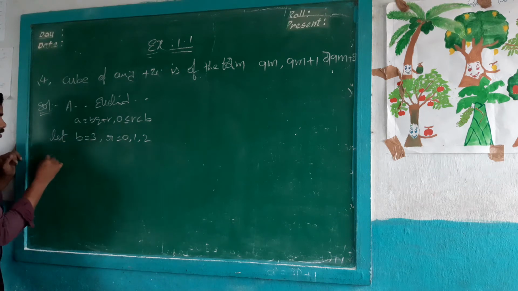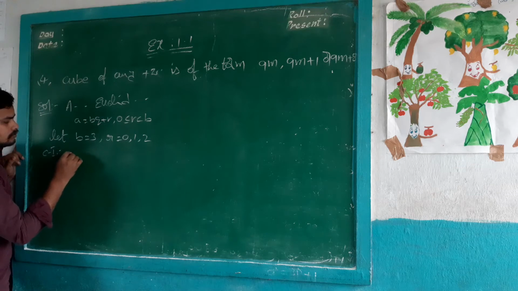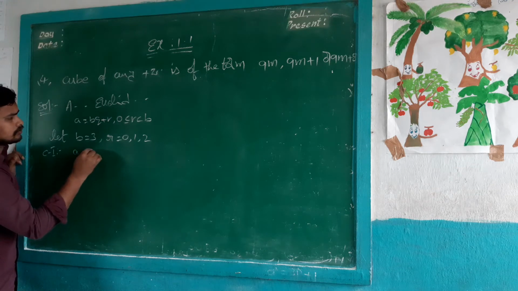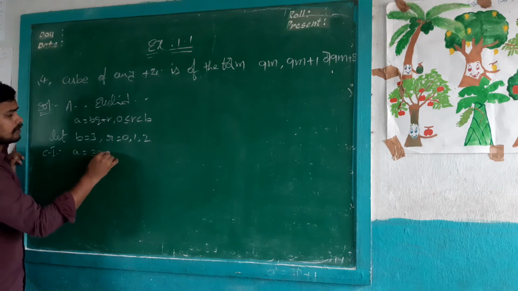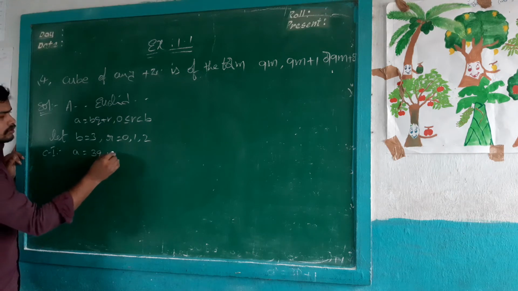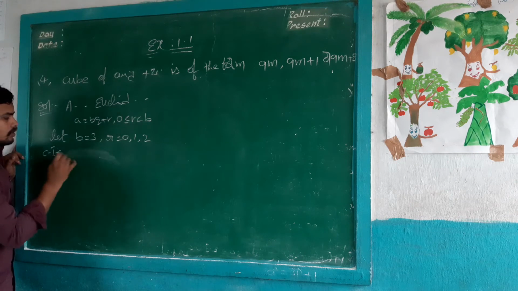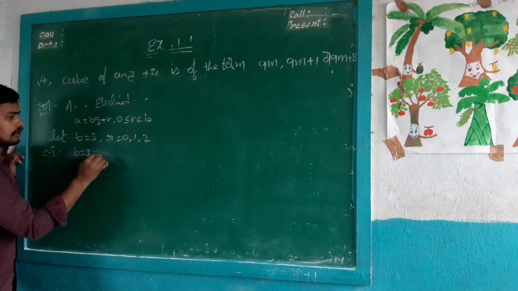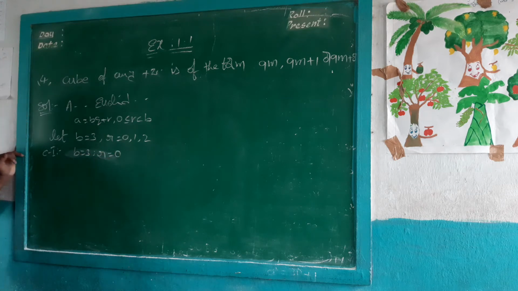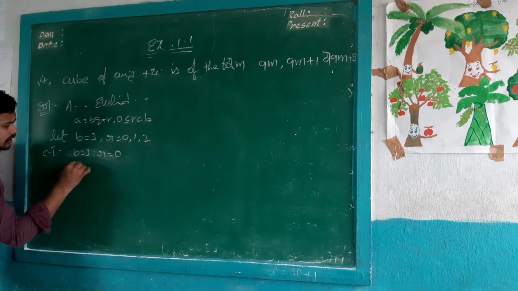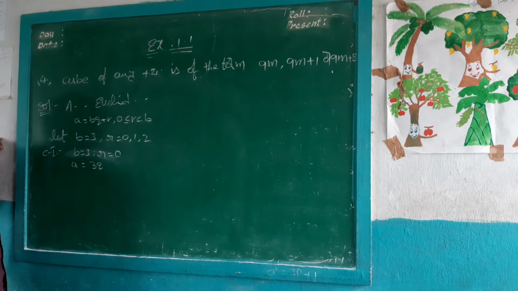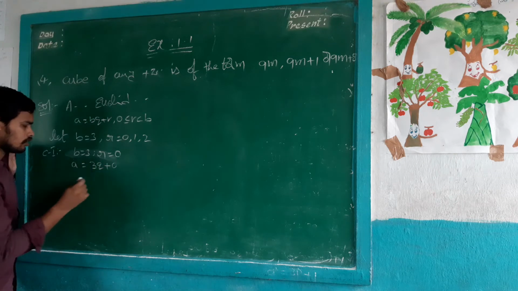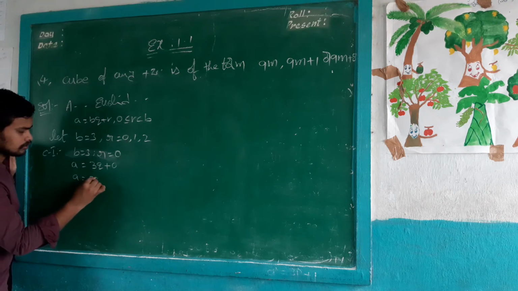So case 1: B equal to 3, R equal to 0, so A equal to 3Q plus 0, A equals to 3Q.